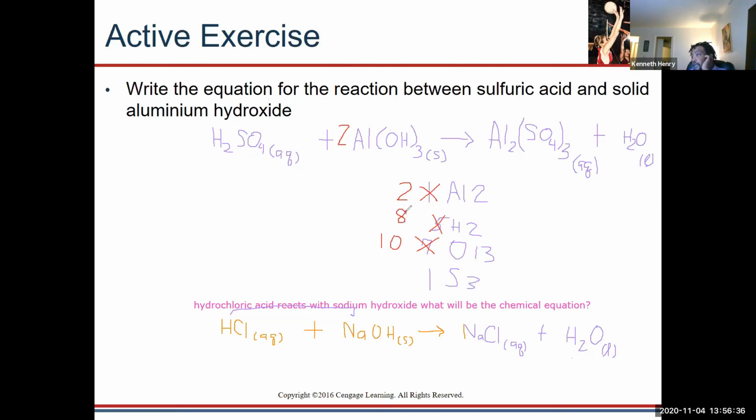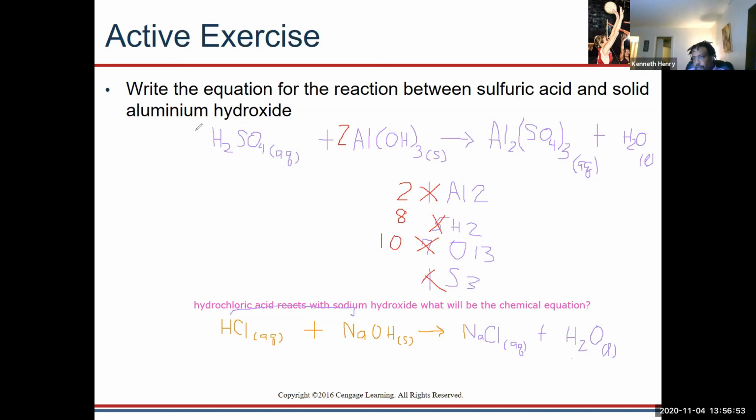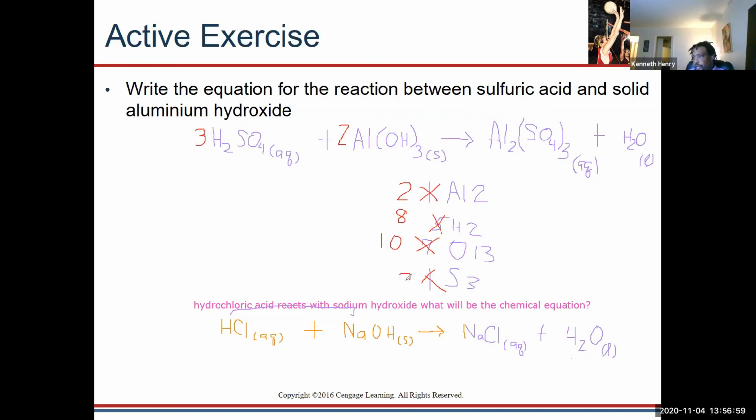So then you can do the same thing with the other one, right? Isn't there just one sulfur here and one sulfur here? So you want to put a 3 in front of the sulfate. Okay, in front of this one. Yeah, because you have to do the whole thing. So that's 3.